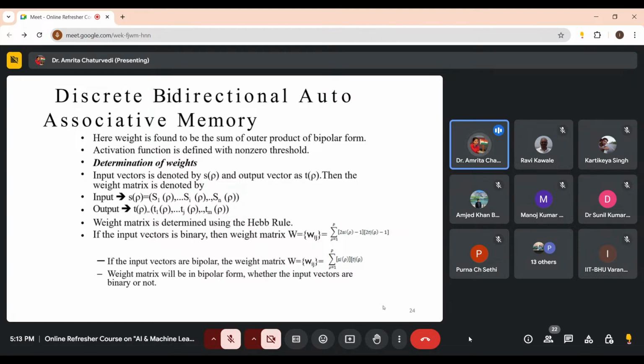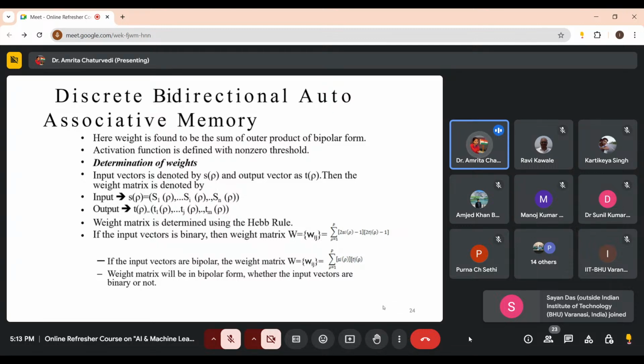That means you are multiplying it by 2 and subtracting 1 so as to neutralize the zero value, right, in the binary data. However, if the data is bipolar, then you don't have to do this operation. You simply take the product of s and t, right? So the weight matrix in case of bipolar data is W equal to the summation p equal to 1 to P of s(p) into t(p).